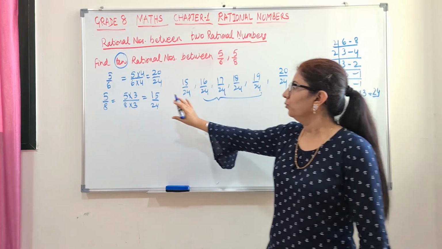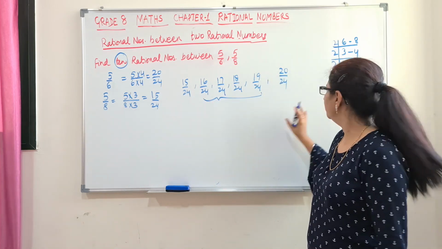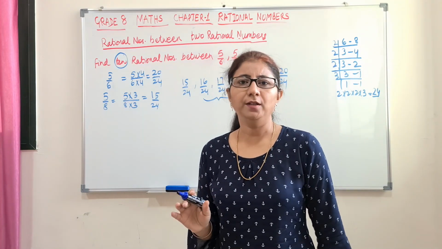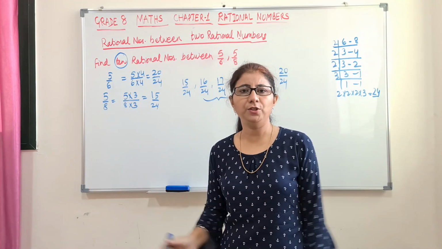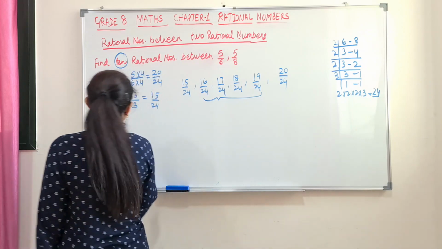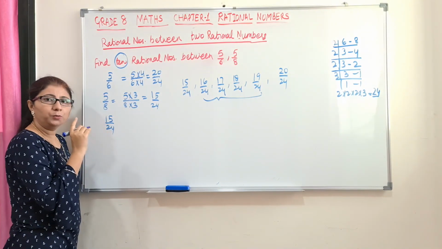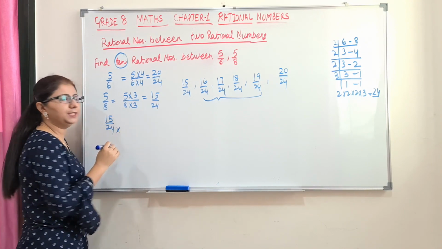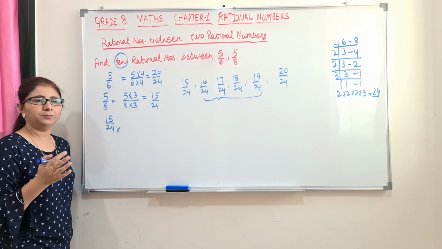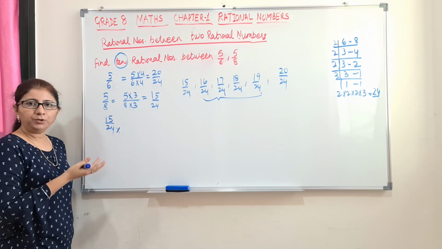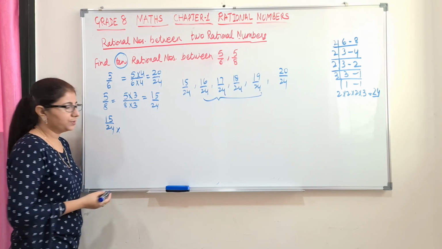What you should do is, whatever numbers you get after making the same denominator, just multiply those numbers by 10. So we can have a wide range of numbers in between them. Suppose this is 15 by 24. What I told you, multiply with 10. You can multiply with 2, 3, 4, any number, but it is better to multiply with 10 because calculations are easier and you can easily have a wide range of numbers between them.